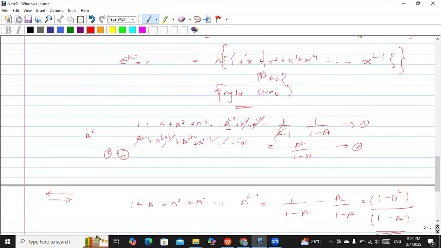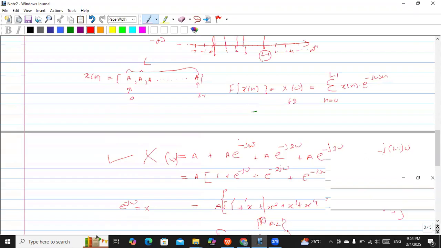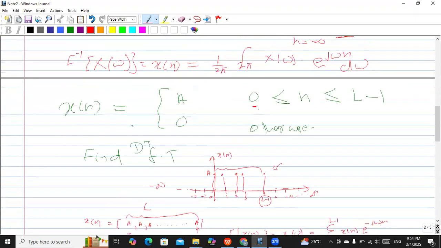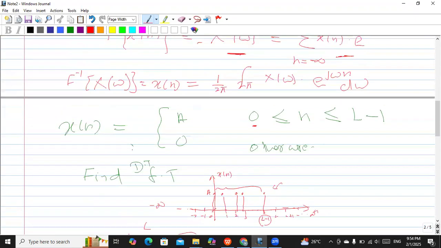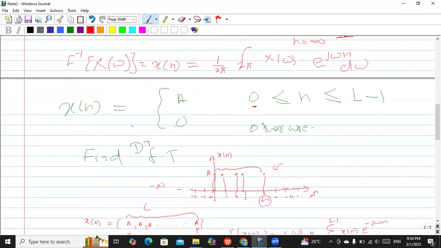For example, you find the value of x[n], no? x[n] is this one. If I ask you to find the value of x[n minus 5], that means from 5, all this series shifts this way.